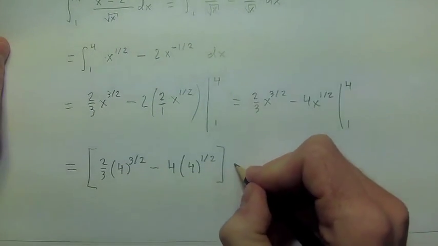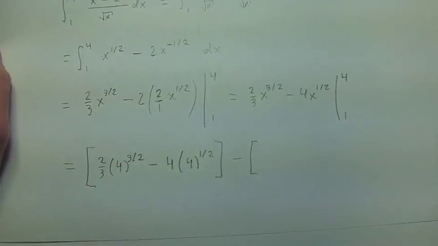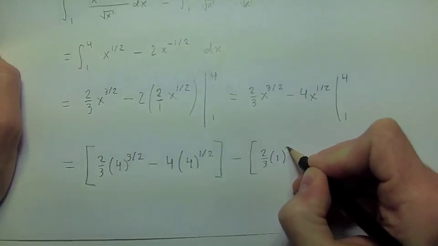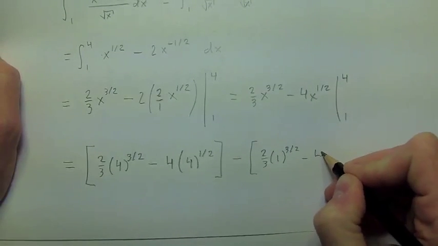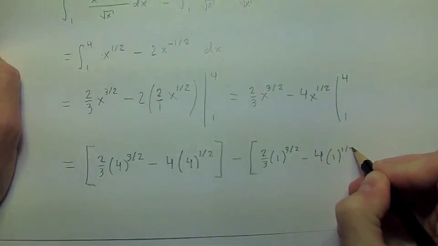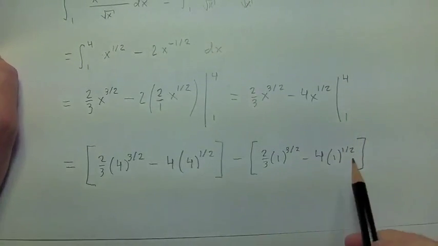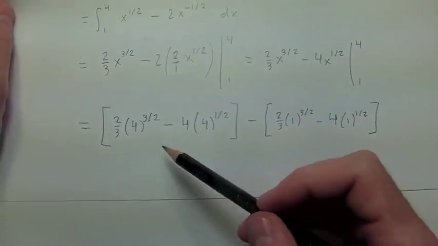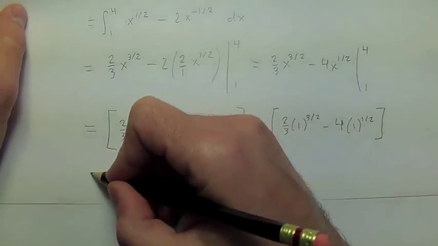Right? And minus, now I'm going to plug in 1, so it's going to be 2/3 1 to the 3/2 minus 4 times 1 to the 1/2. So this piece is not actually going to be all that bad. This piece may give some of you some trouble.